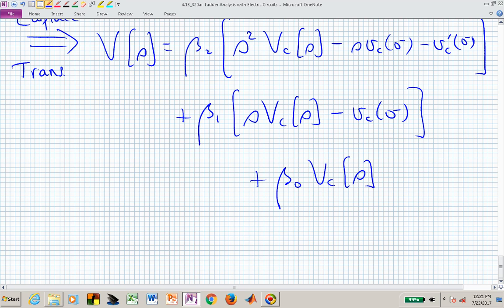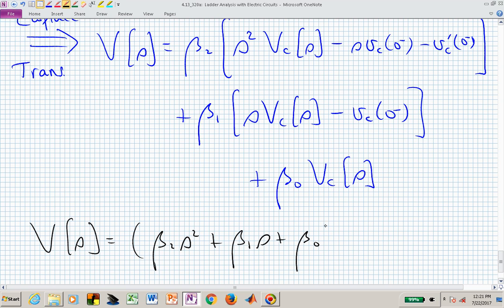We have some initial condition terms. We have the Laplace transform of the output voltage, V sub C. Let's combine all of those together. V of S is now going to be beta 2 S squared plus beta 1 S plus beta 0 all times V sub C of S.